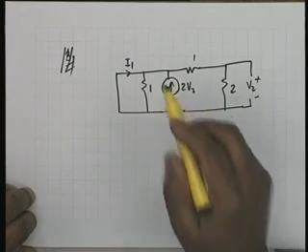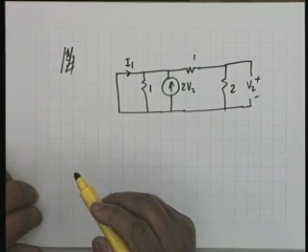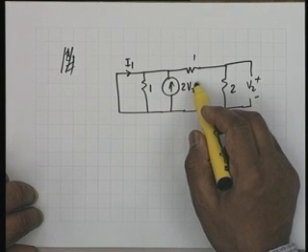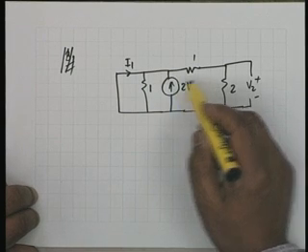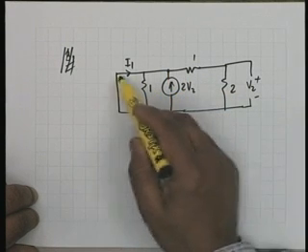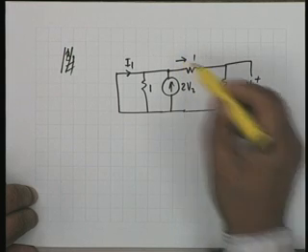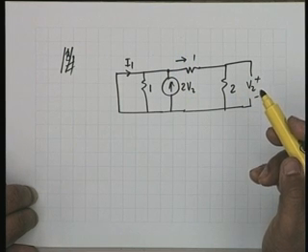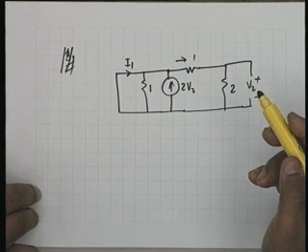Okay, what his question was: naturally no current shall flow through 1, but this current generator cannot be killed. If there is a V2, there shall be a current 2V2, and therefore the current that enters here is I1 plus 2V2, and that must be equal to the current that flows here, which is minus V2.